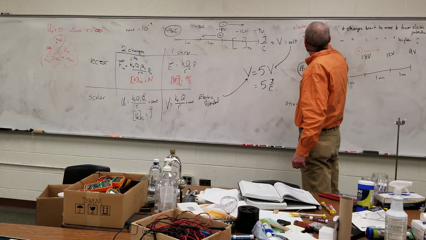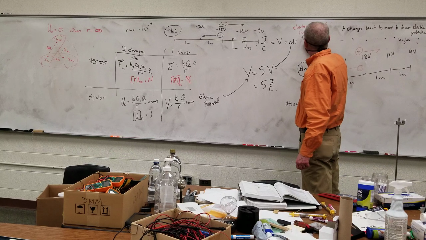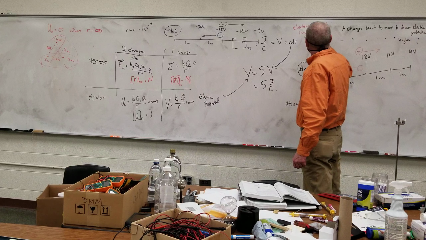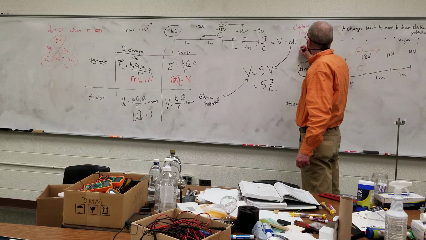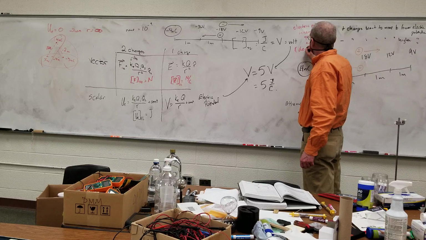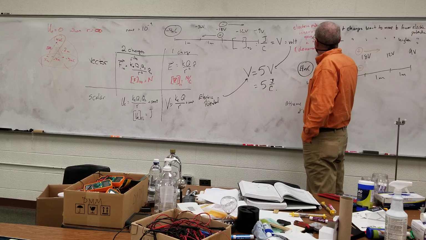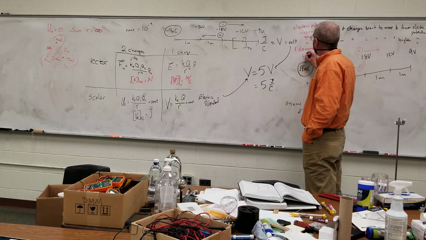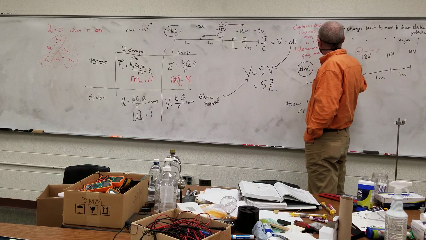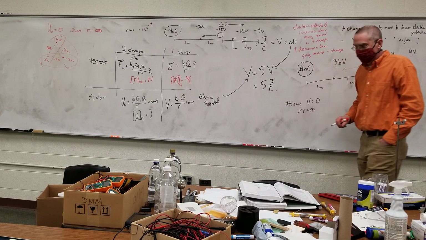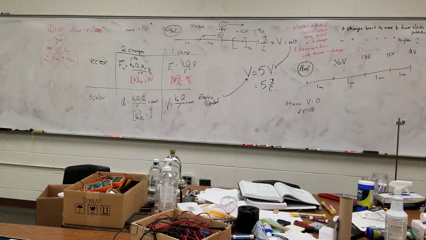It increases when going toward a positive charge and decreases when going toward a negative charge. And the opposite applies. If it increases going towards a positive charge, it should decrease going away from a positive charge.